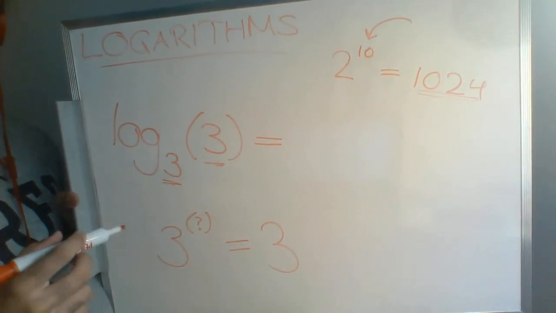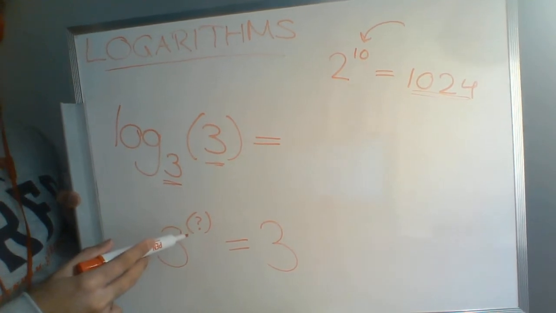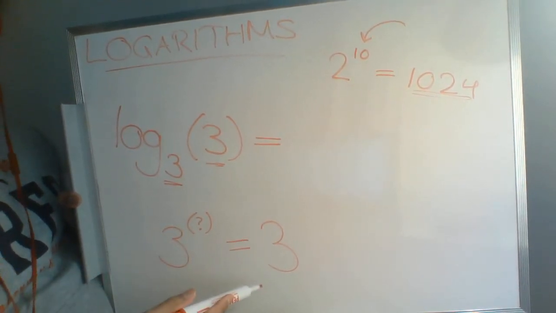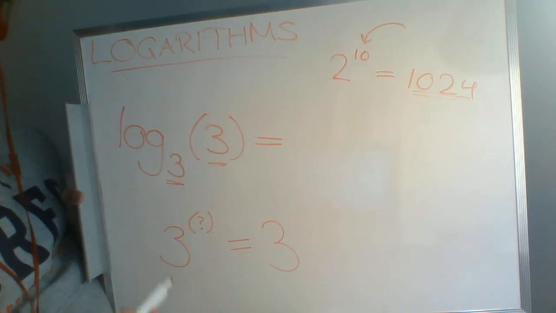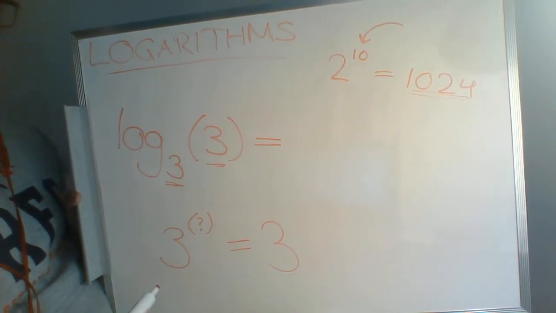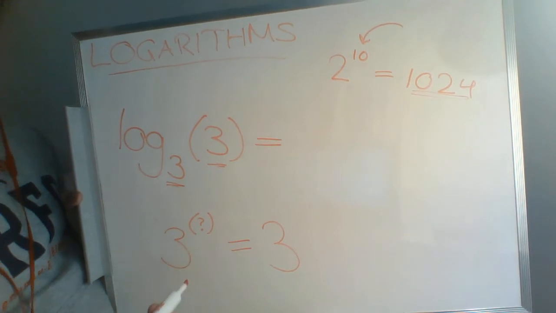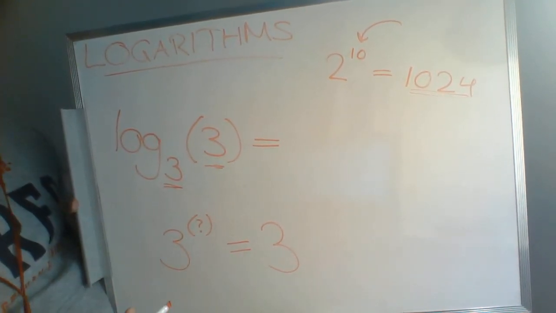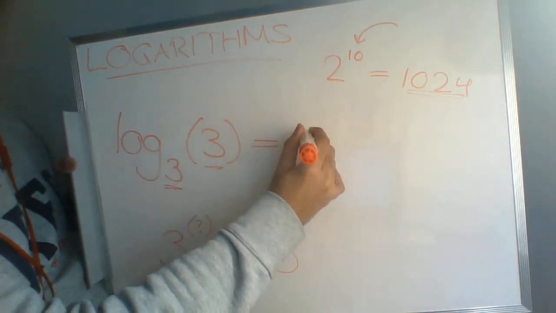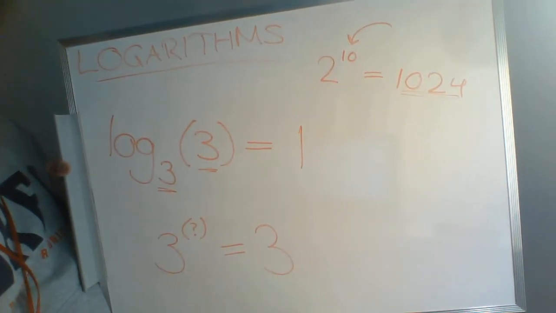So basically we're asking ourselves 3 raised to what exponent is going to give us an answer of 3? Well, I already had 3 here. I don't need to multiply any more 3's into this, so my exponent would be 1, right? 3 to the exponent 1 is the same as just the number 3. So my answer to this would just be the number 1.